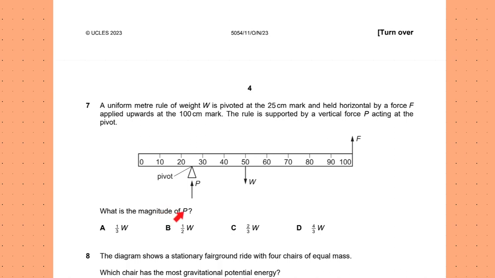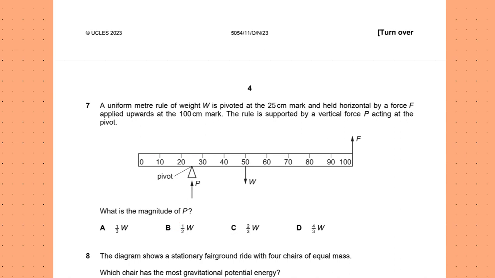What is the magnitude of P? What makes this question difficult for the first reason is that there are no values associated with the forces. Everything is symbolic. So they've given you an upward force P, an upward force F, and a downward force W, and you are supposed to know P.